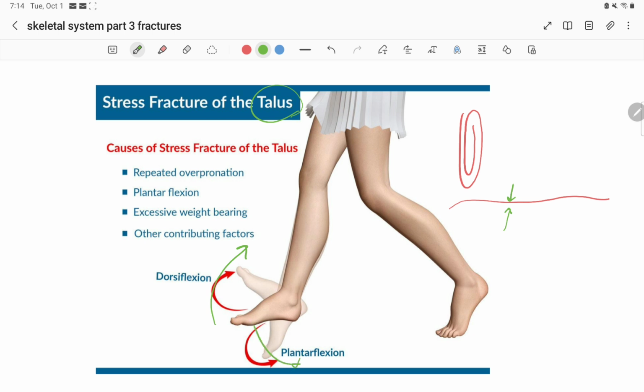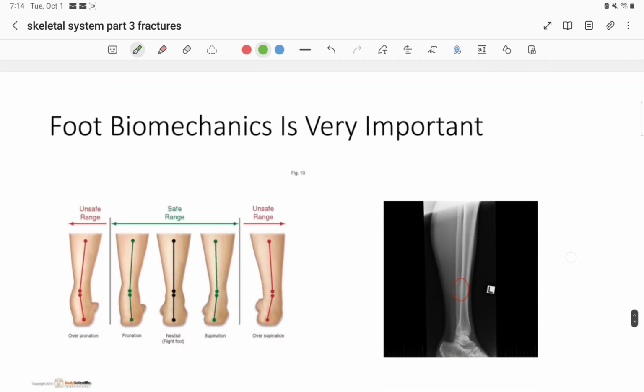That is the walking or running action, constantly going up and down with the foot. Plus the impact over and over again can cause a stress fracture. Now, any bone in the body can experience a stress fracture. It's not just a foot thing, it can be anywhere in the body.